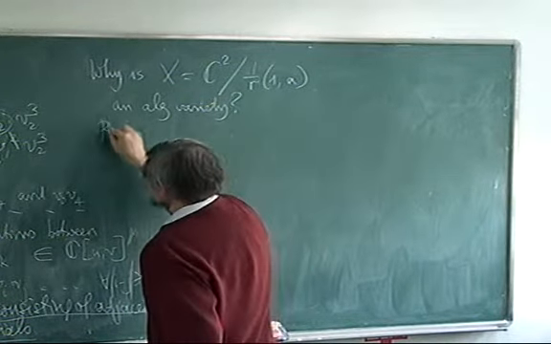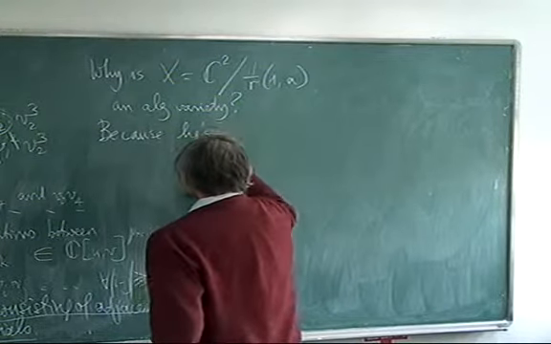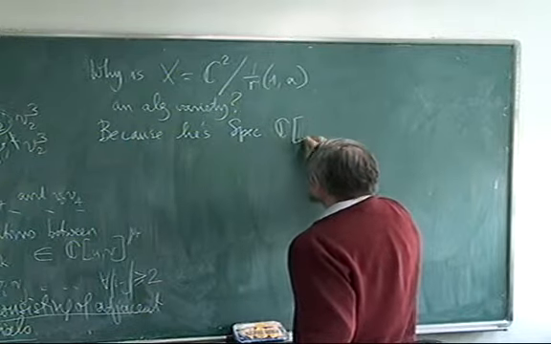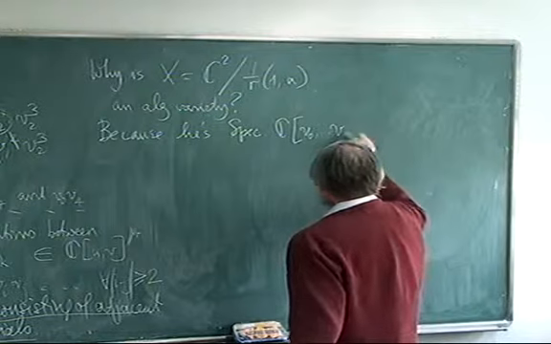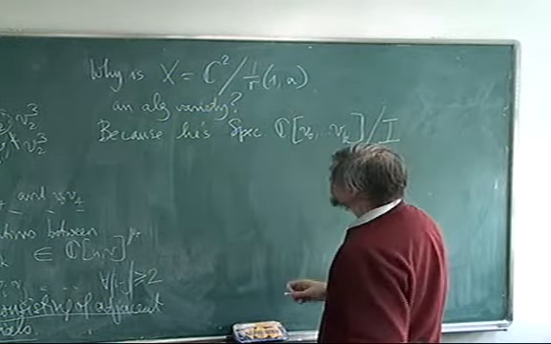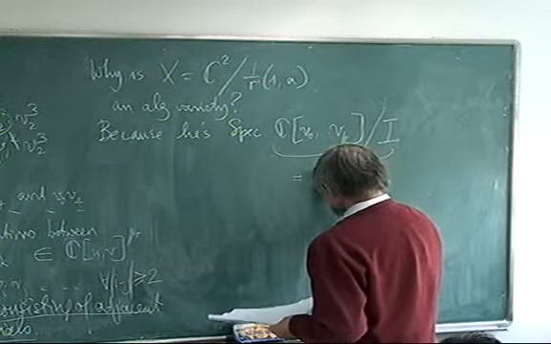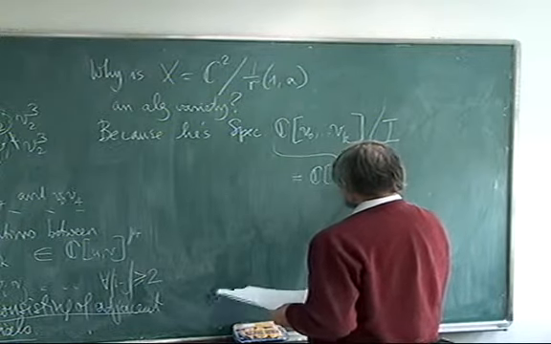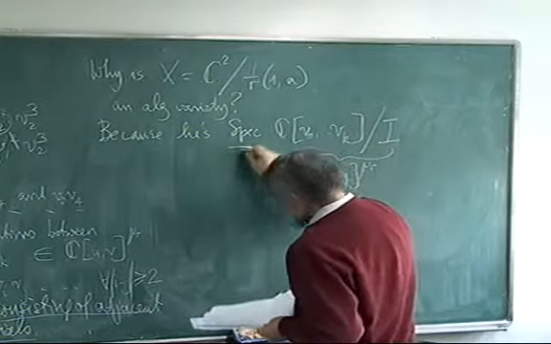It is the Spec of this ring, C[V0 up to Vk] divided by the ideal of relations. This ring here is just the invariant ring C[x,y] invariant under mu_r.